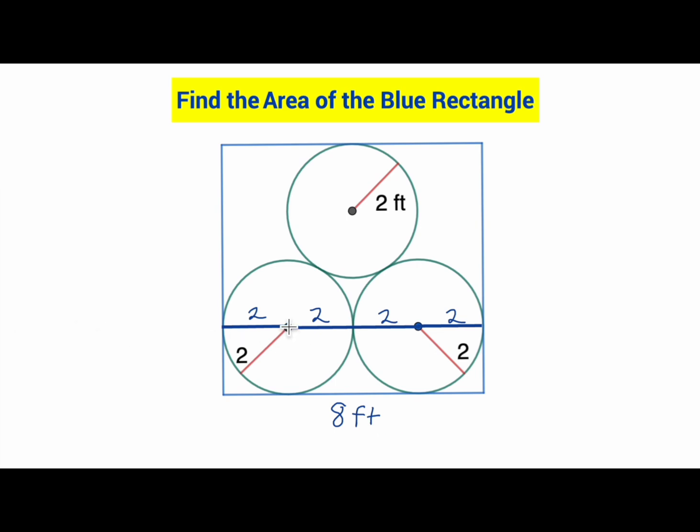The next step is I'm going to draw a radius coming down from the center of the circle, which I know is 2, and a radius going up from the center of this circle to the top, which I also know is 2.